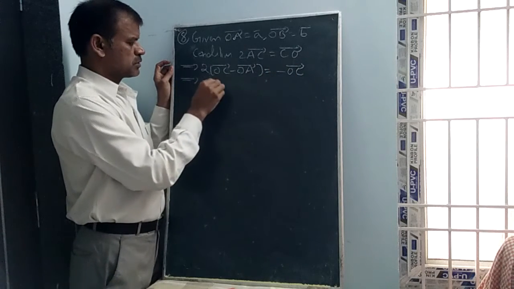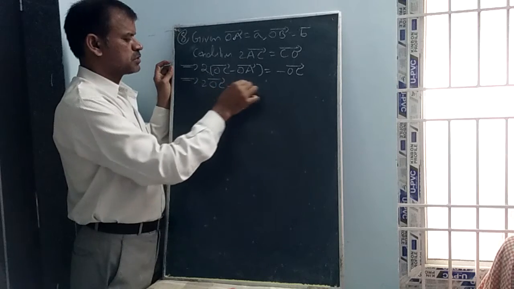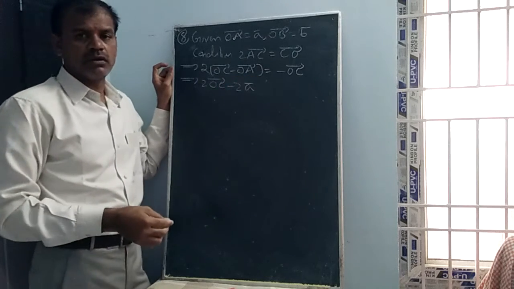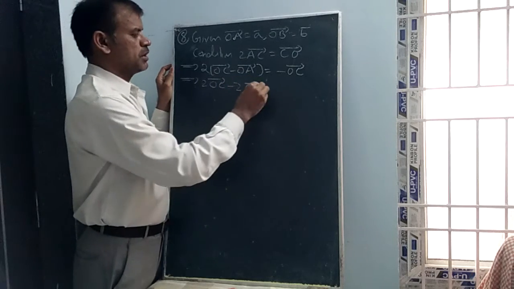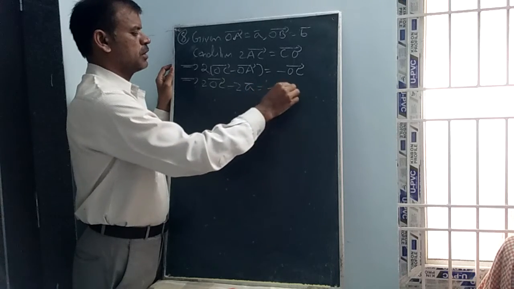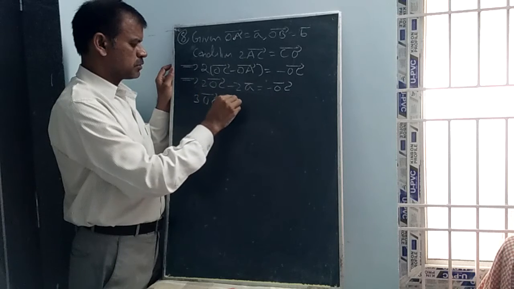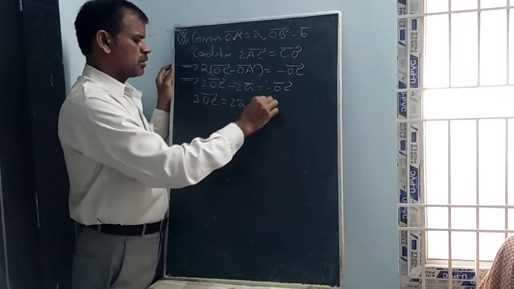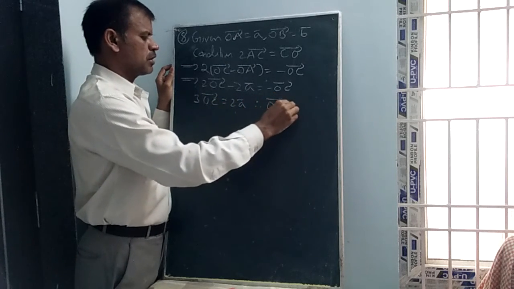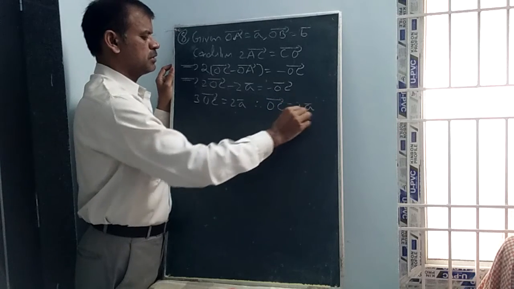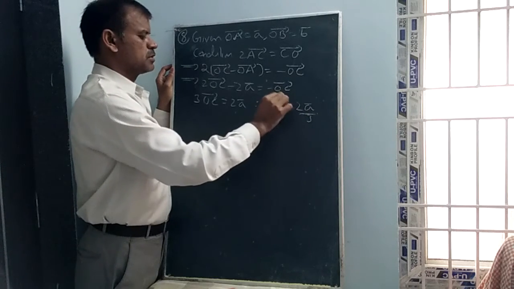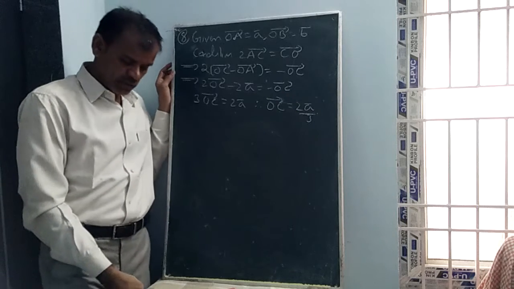That implies 2OC minus 2a bar, because OA equal to a bar is given, equal to minus OC. 3OC is equal to 2a bar. Therefore, OC we got as 2a bar by 3. It is not a c bar. So, OC vector depends upon a bar.